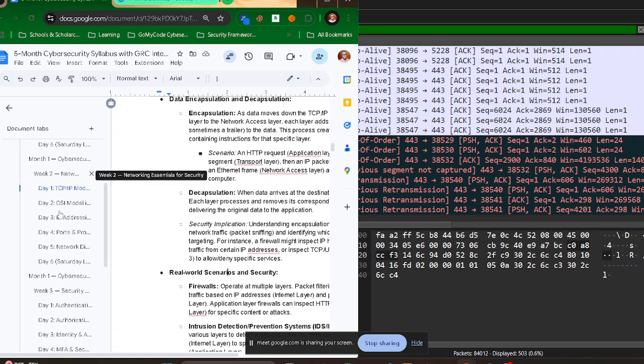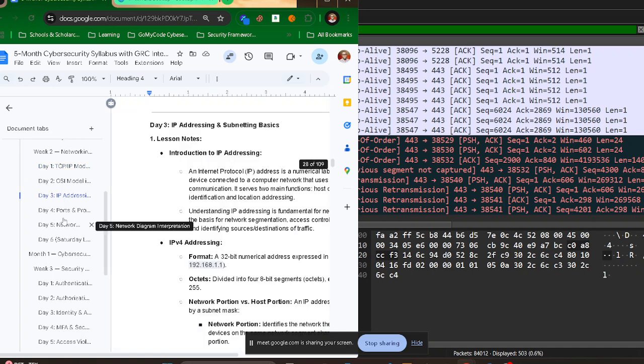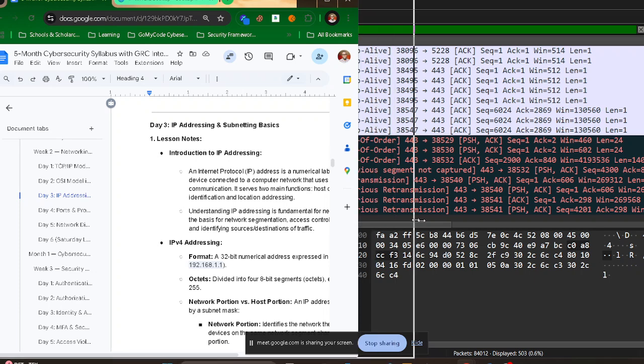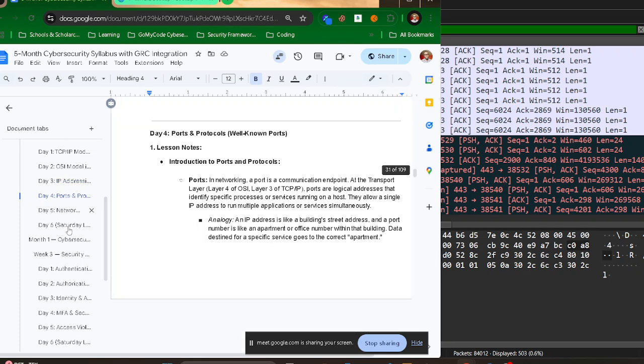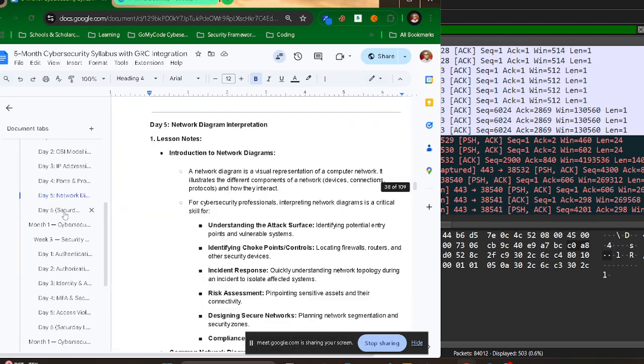So day three for week two is IP address. I hope we'll be able to finish it. If we can't finish it, then we'll carry it over to next week. So I expect that you read ports and networking, network diagram interpretation.